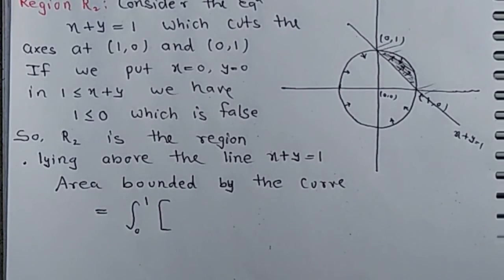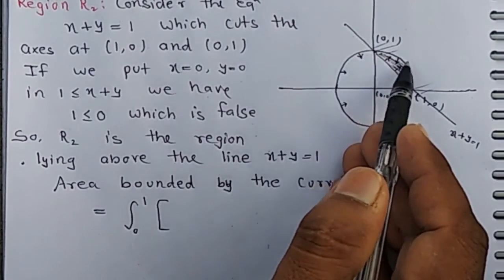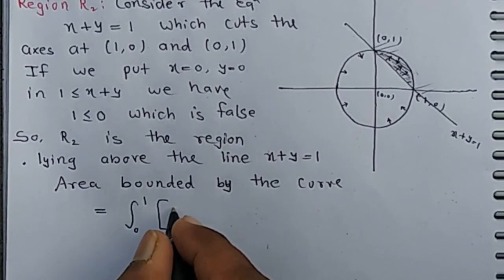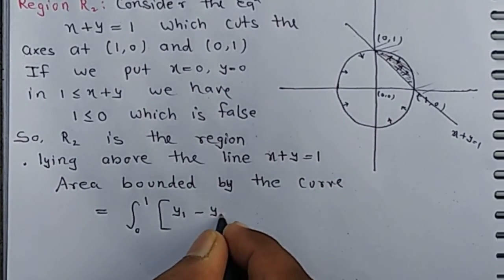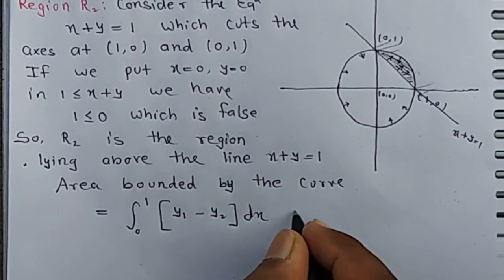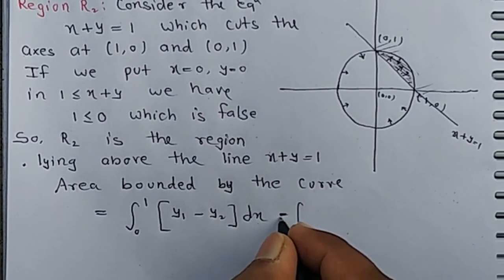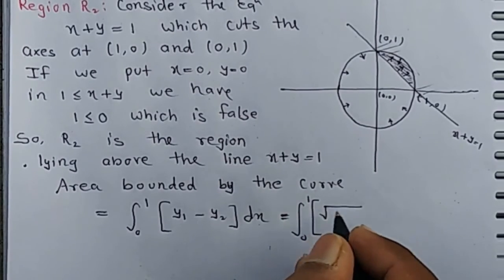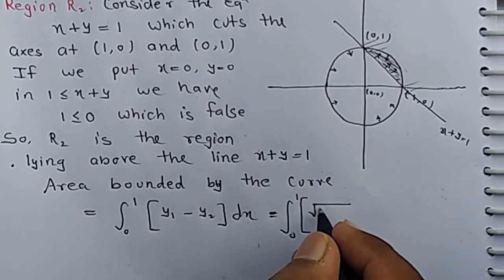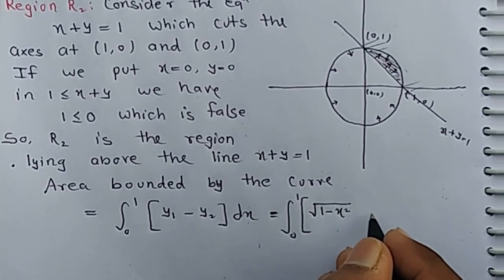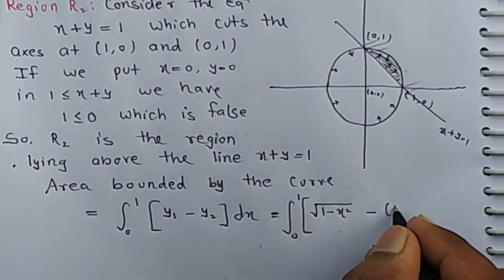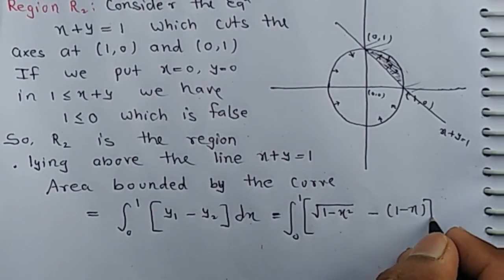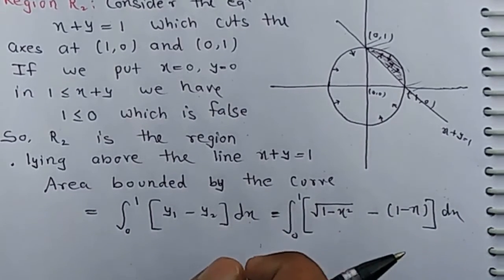The upper curve is a circle, so it is the integral of y1 minus y2 dx, where y1 is the circle, the value of y is √(1 − x²), and y2 is the line, which is 1 − x, dx.